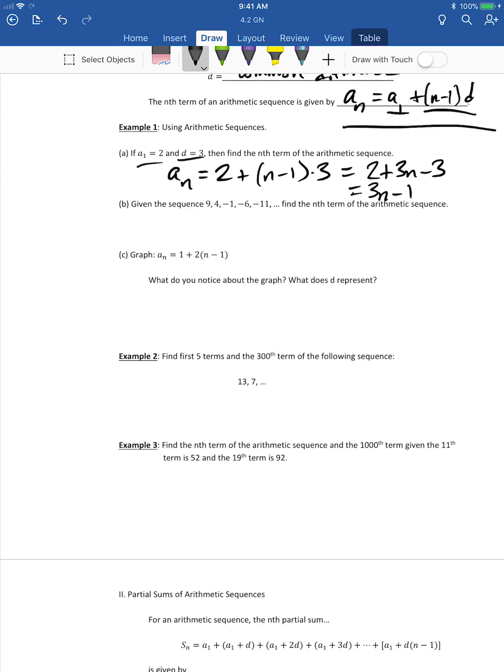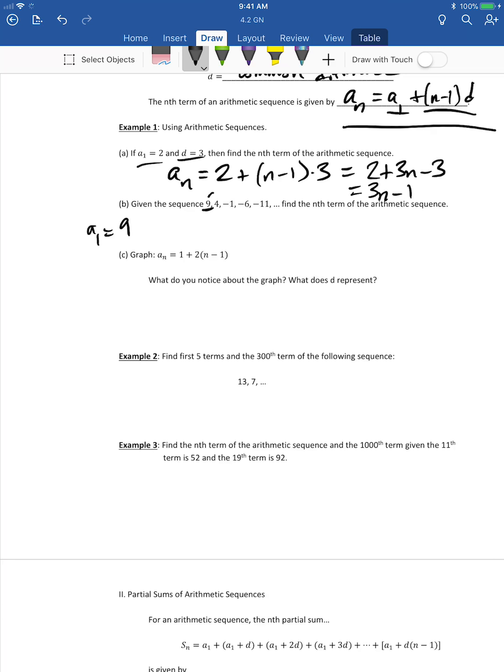Let's look at an actual sequence, though, one where we can see that common difference. So given the sequence 9, 4, -1, -6, -11, and so on, find the nth term of the arithmetic sequence. So they didn't just tell us what a sub 1 is, they didn't just tell us what d is, but they gave us more than enough information to figure that out. So my first term is 9, so that's going to be a sub 1.